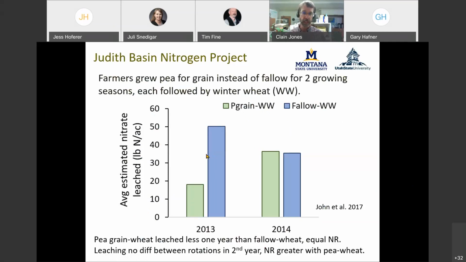Notice in 2013 that the pea grain followed by winter wheat had about 20 pounds of nitrogen per acre leached, whereas the fallow winter wheat system had 50. So definitely made a difference that year. This year, which had a much wetter fall going into the winter wheat crop, filled the soil profile with water, it seemed like the crop didn't matter nearly as much, didn't really matter at all. But in 1 of 2 years, growing a crop instead of fallow dramatically dropped leaching.